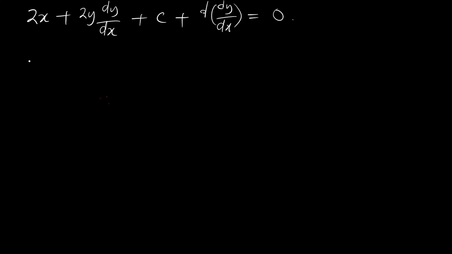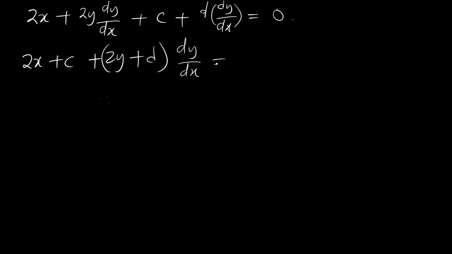So now we have 2x plus c plus (2y plus d) dy/dx equal to 0.